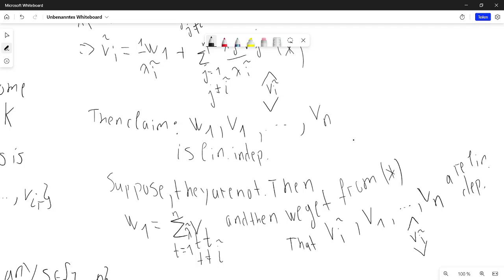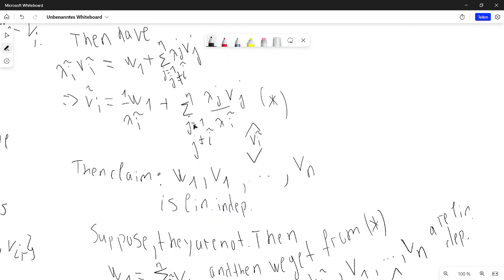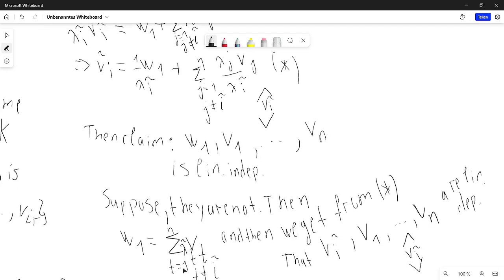Because you plug it in star, plug in this expression here, and you have just the sums. You put the sums together, and you get a representation of the tilde with some coefficients lambda, with sums of coefficients lambda, which will not all be zero. Why is that the case?